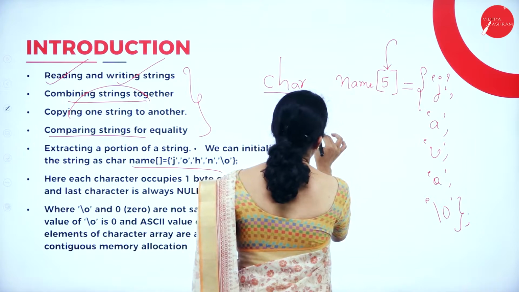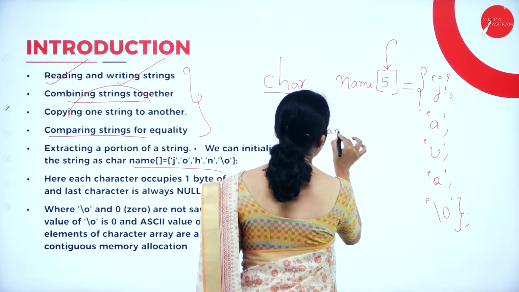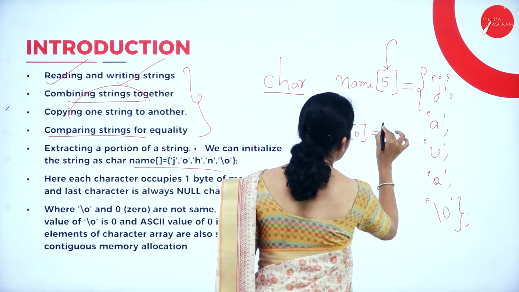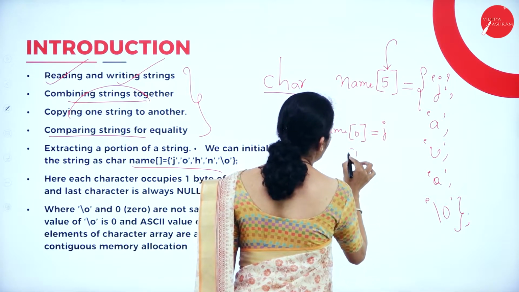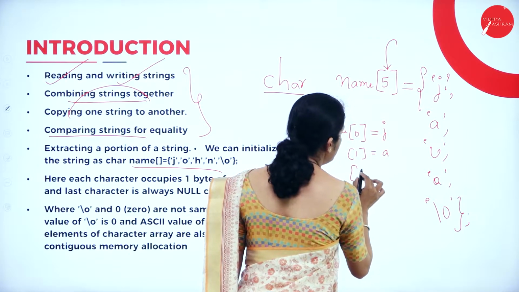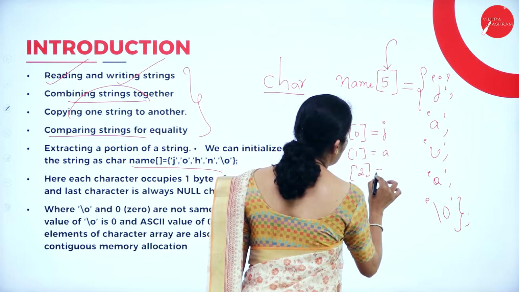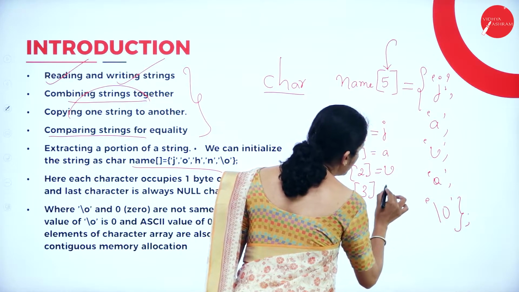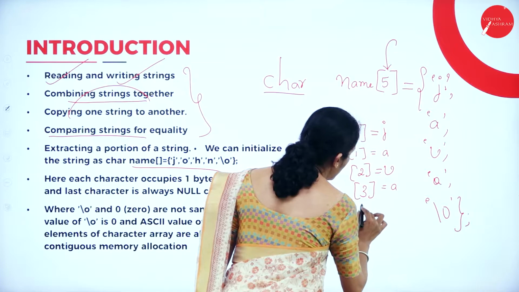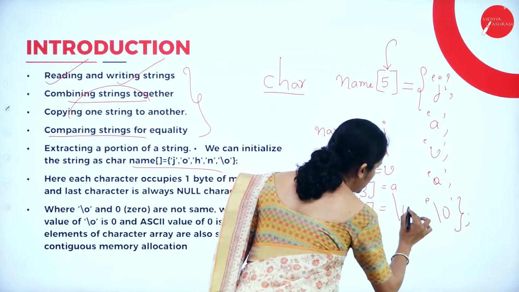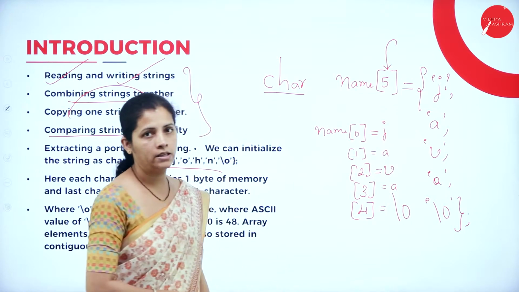Now, if I consider name of 0, I have J, name of 1, I have A, name of 2, I have V, name of 3, I have A, and at position 4, I am going to place the null character.